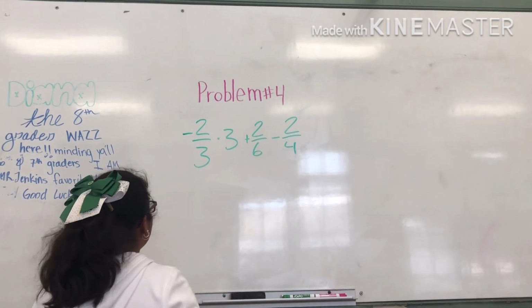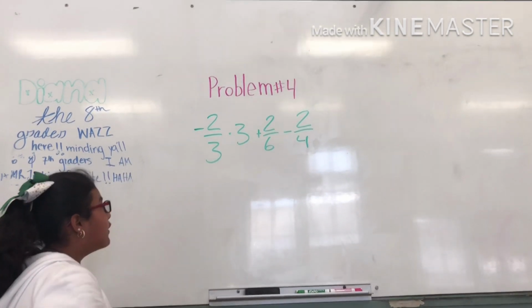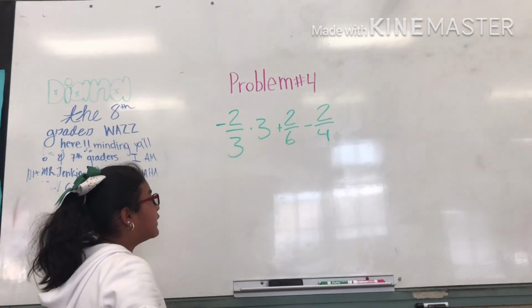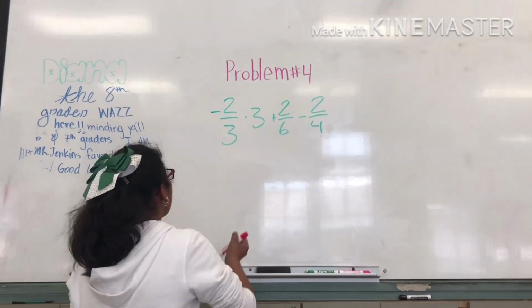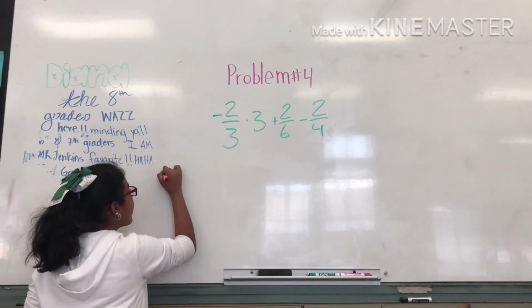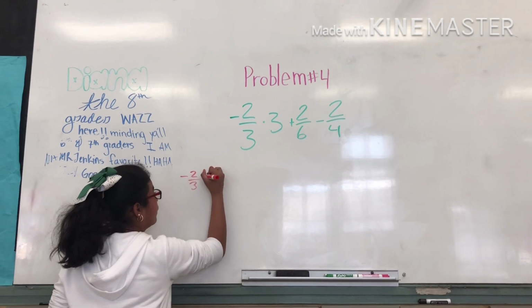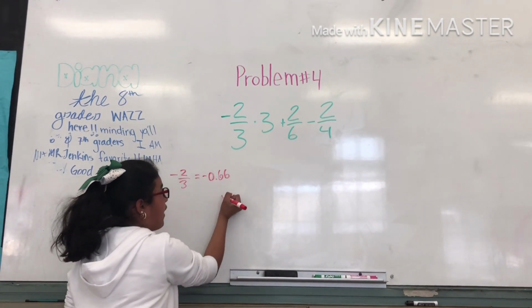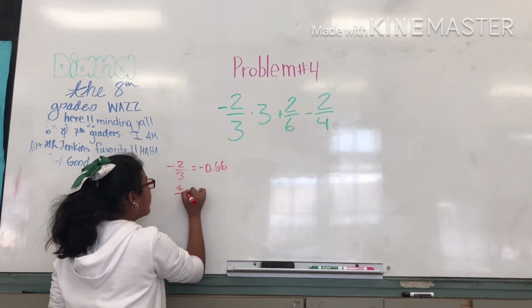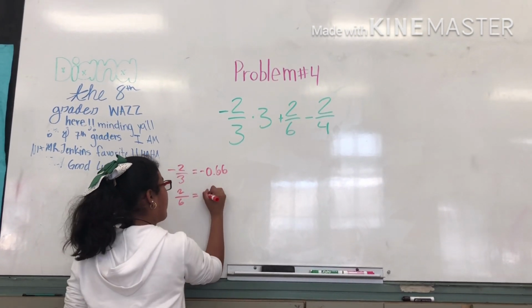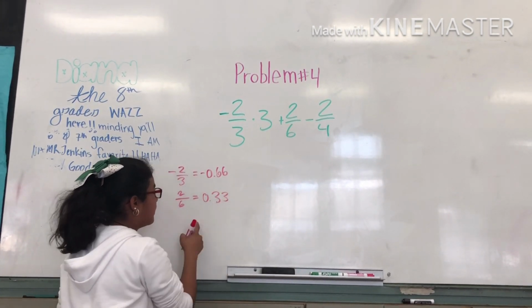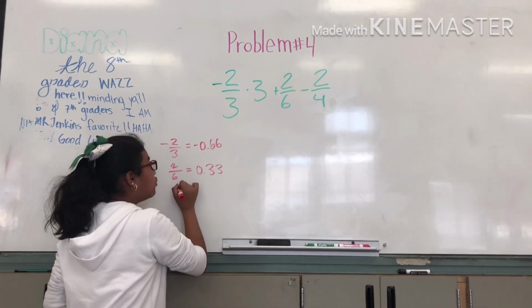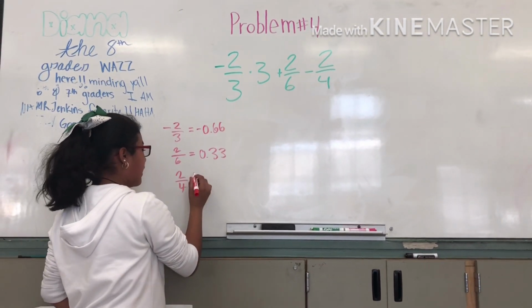You're going to have to be solving negative 2 over 3 times 3 plus 2 over 6 minus 2 fourths. Negative 2 over 3 would give you negative 0 and 66 hundredths as a decimal. 2 over 6 would equal 0 and 33 hundredths as a decimal.